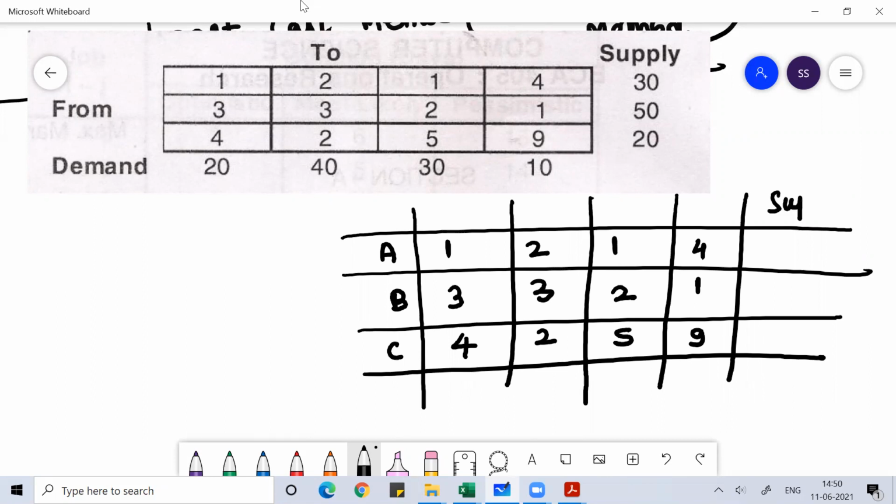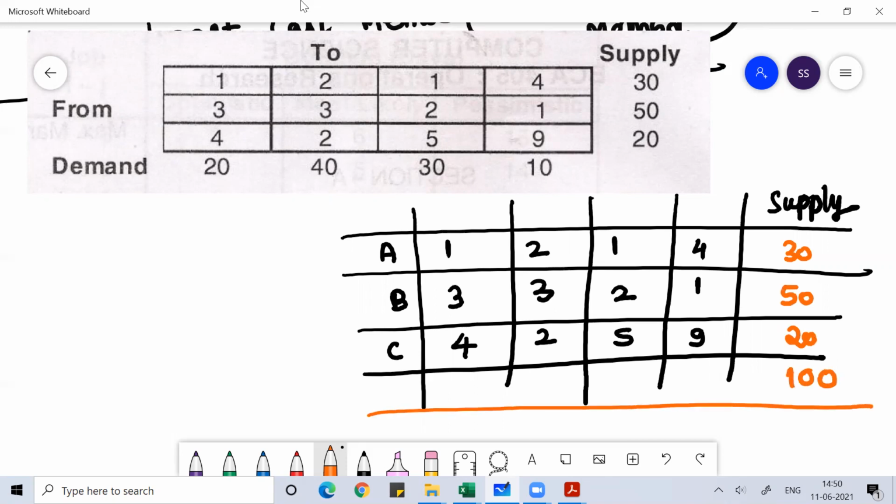This is supply: 30, 50, 20, total 100. And the demand is 20, 40, 30, 10.